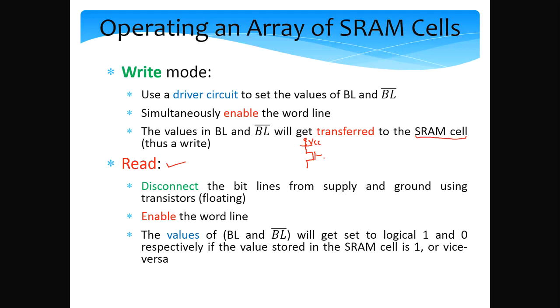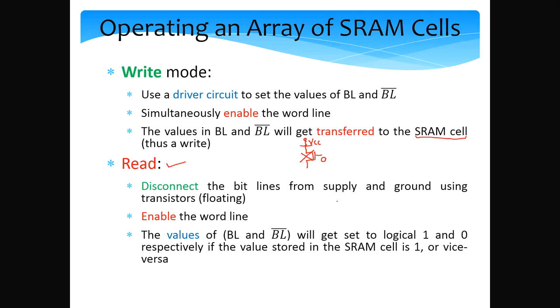Here, if we set the gate voltage of the transistor to 0, essentially this line is disconnected from the supply voltage. So we say that it is floating. If a certain copper wire is disconnected from supply as well as the ground, we say that the wire is floating. Then we enable the word line.